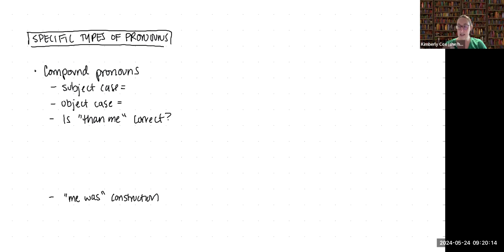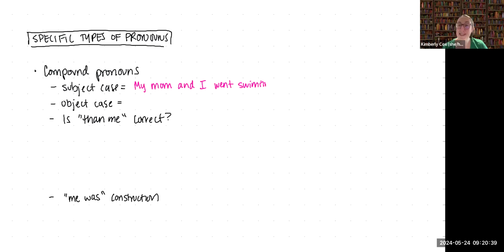So for instance, I might say, my mom and I, right? I would say "I" here because I'm using it as a subject. So that might be, my mom and I went swimming.